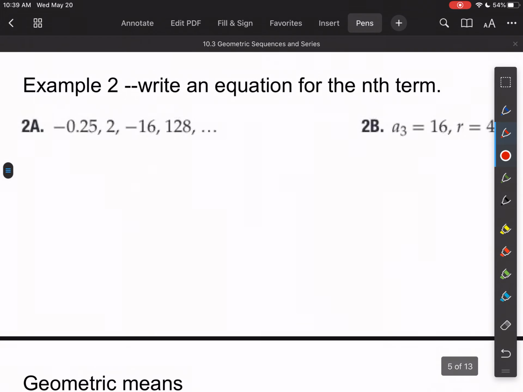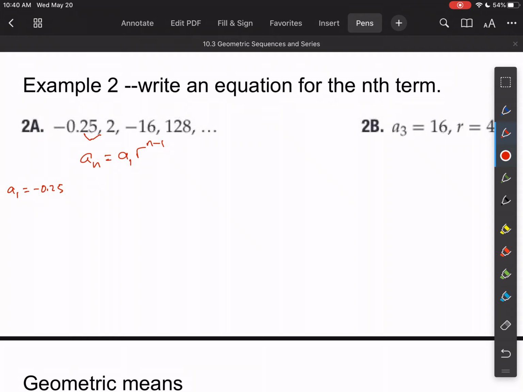Okay, so example 2 says write an equation for the nth term. So again, we're looking for this equation: a sub n is equal to the first term times the common ratio, all to the n minus 1. Okay, so we need these pieces. We know that a1 is equal to negative 0.25. We can find r. So r is just the value that we're multiplying each number by in order to get the next number.